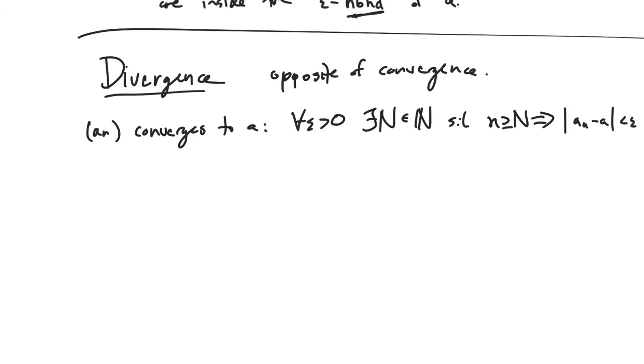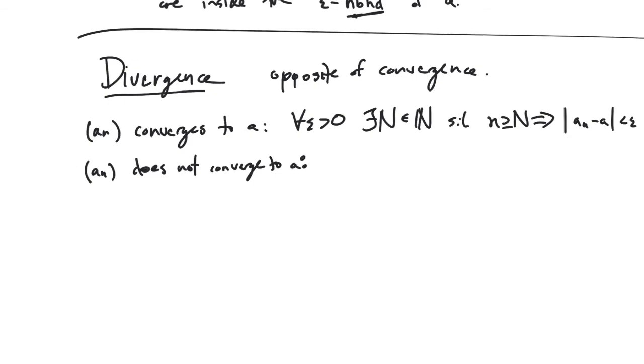Now I'm going to try to write the opposite of that, which is how you actually show that something diverges. You have to demonstrate that the opposite of this definition holds for the diverging thing. So I'm going to say a_n does not converge to A.